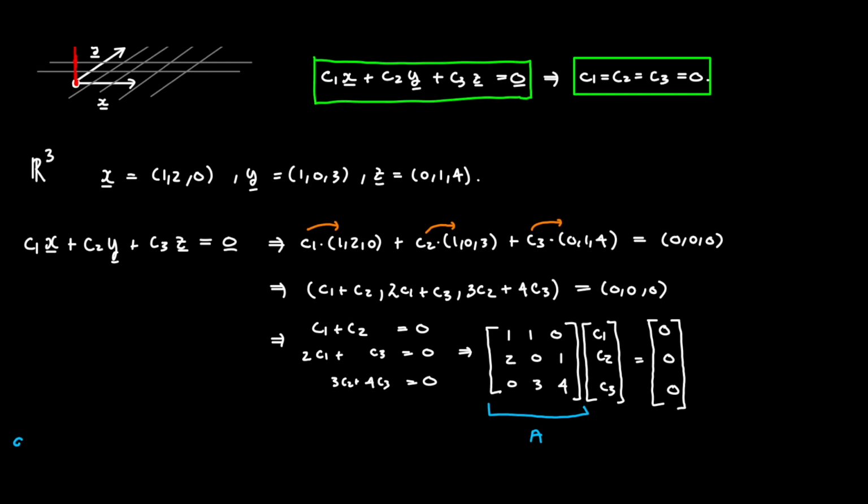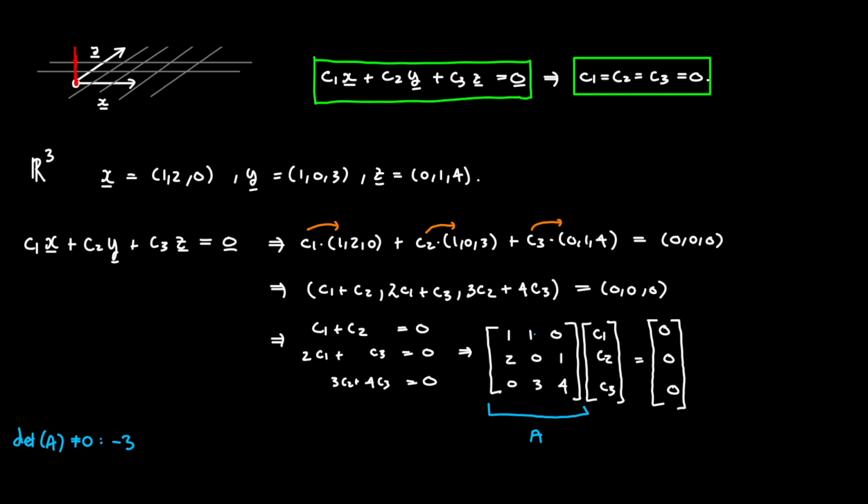But you can easily see that since the determinant of A is not equal to 0, let's actually just check. Why not check, right? The determinant here is going to be 1 times the cofactor at 1. So 1 times the cofactor at 1 here is just going to be -3, so we get -3 minus 1 times the cofactor at this point, which is just going to be 8.